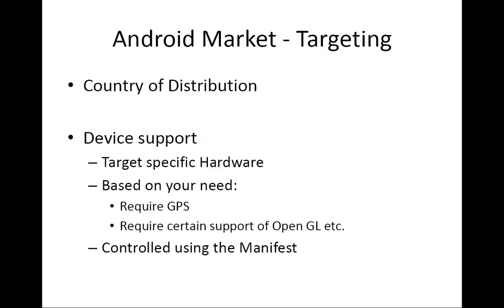There is the ability to control the device support also. So you can target specific hardware. Maybe you create an application which requires certain things from the hardware, maybe the screen size, maybe the requirement for, let's say, GPS, or a certain version of OpenGL.